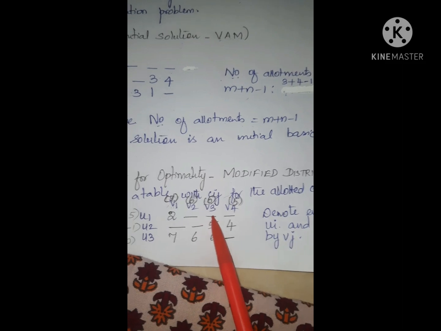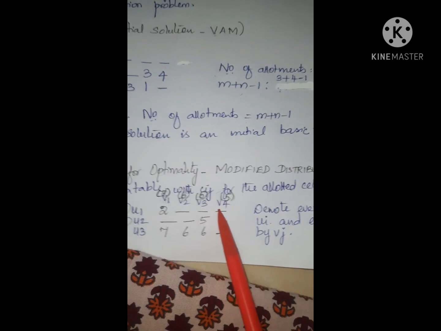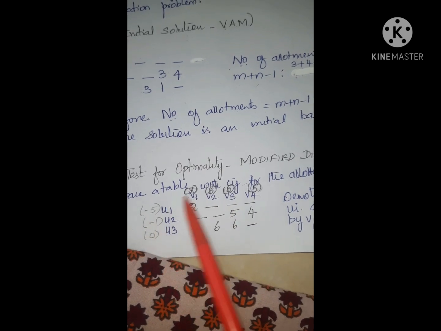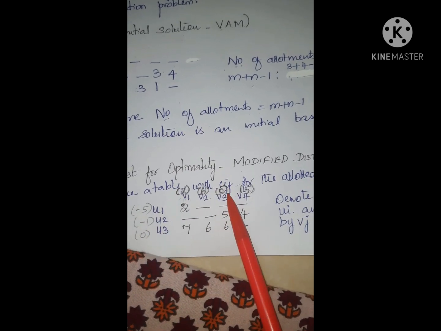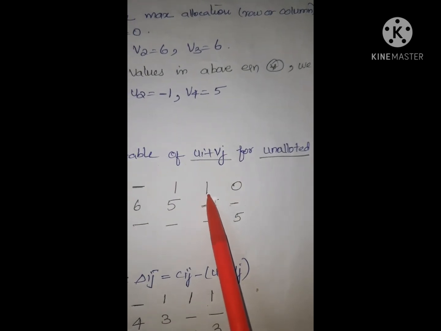So we write 1 here in the new table. Again, the third cell is an empty cell in step 1. Wherever it is an empty cell, add up the corresponding u and v. Again, minus 5 plus 6 is 1. So we write 1 in the new table.